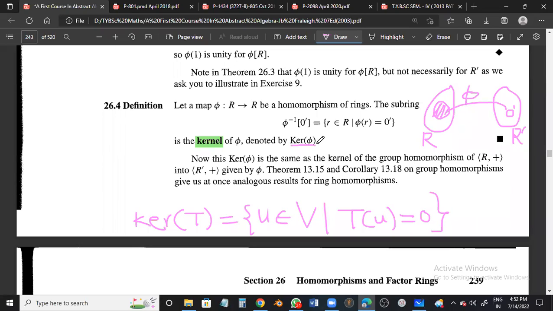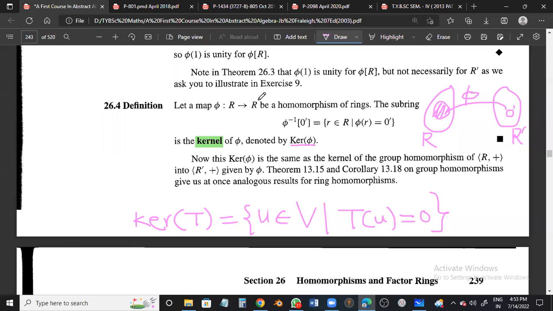Are you following my point? This much you got. What I said is, I have a few elements which are mapped into zero dash under phi. Did you follow this statement? Okay. See, you have two rings.